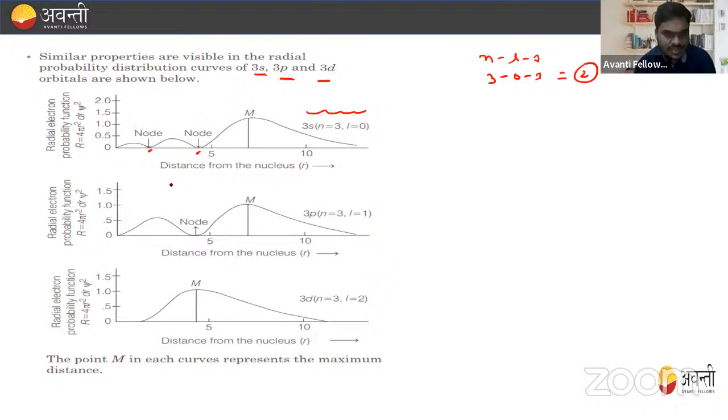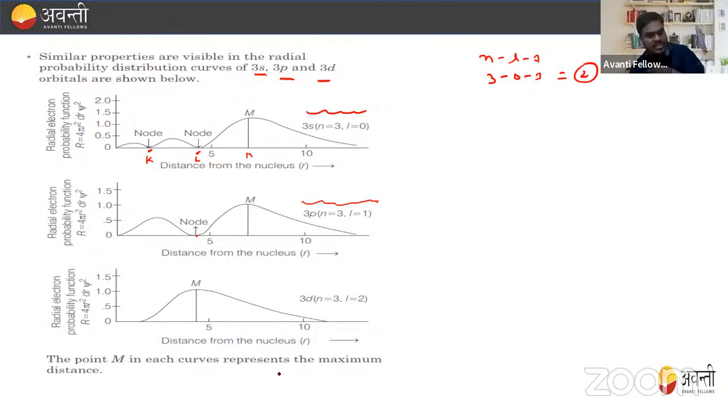So this is the first shell, K shell, L shell, M shell. So this is the K shell, this is the L and this is the M shell, right? And so on. On a similar basis, this is for 3p. In 3p, we get only one node here. And in case of 3d, we get no node, right?